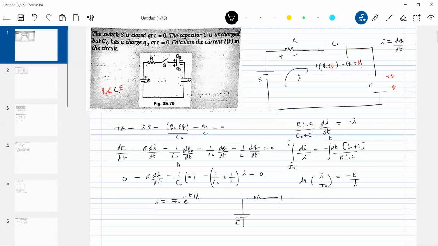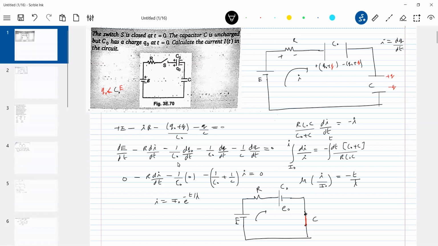Replace that with an EMF, small E naught. And this capacitor was not having any charge, replace it with a short circuit. So a capacitor, if it is having initial charge, replace with a cell of suitable polarity. A capacitor which is having zero charge, replace with a short circuit. If you remember this, whether the capacitor is charged or uncharged, you can manage the problem very easily with this method. Look at that initial current.